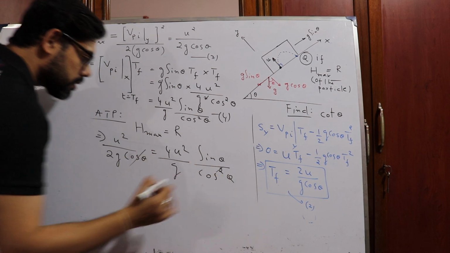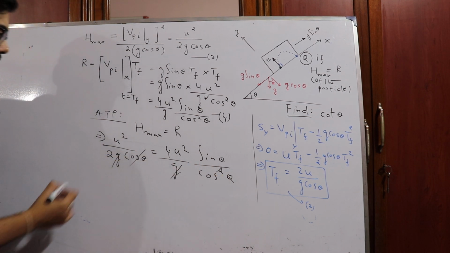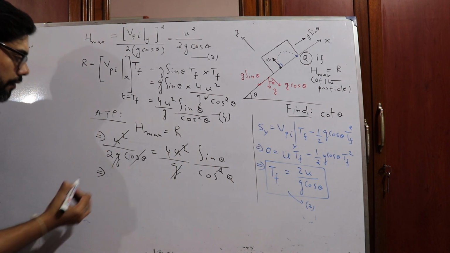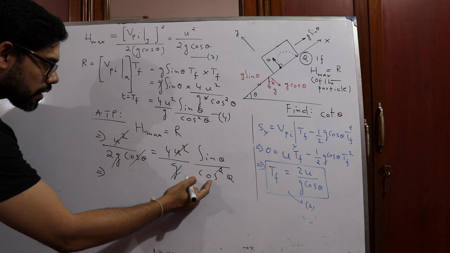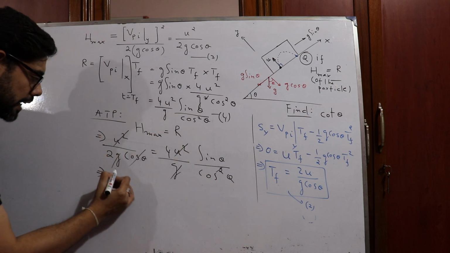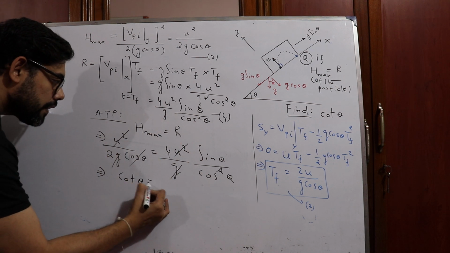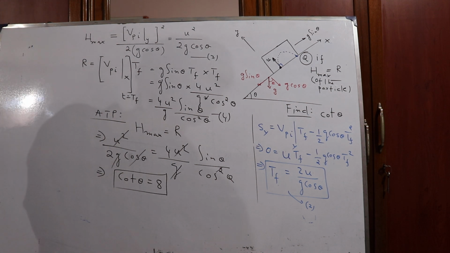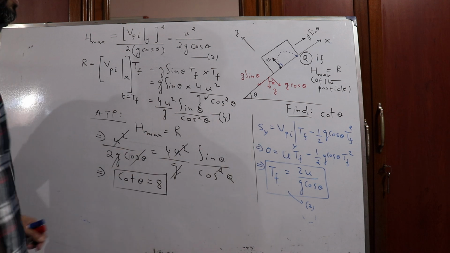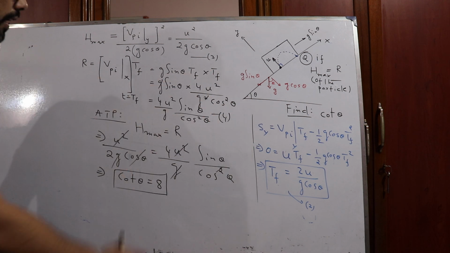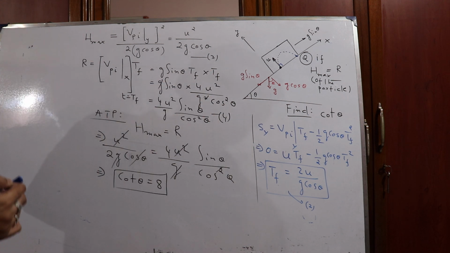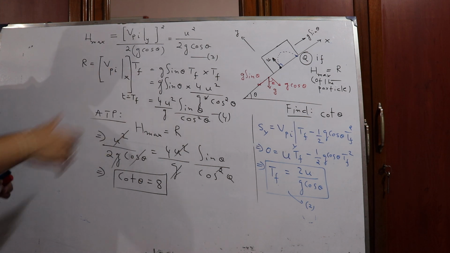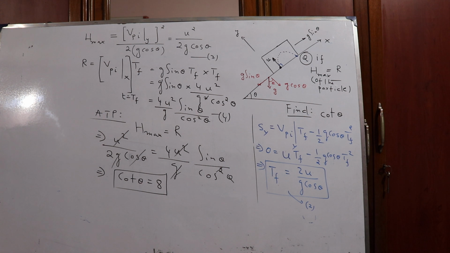You cancel one cos theta, cancel one g, u square cancelled. So you bring cos theta by sin theta to this side, and you get cot theta equals 8. So what is the required value of cot theta that you are asked to find out? It is equal to 8. Okay, so this is your answer. This is how we solve this problem. Please see it properly.